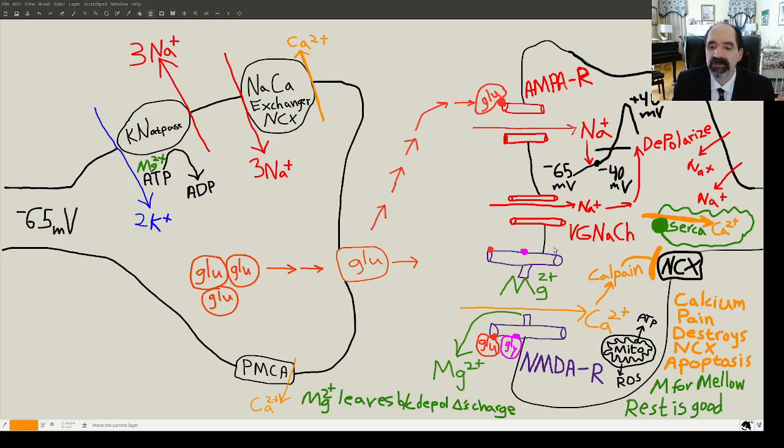If the calcium is very excessive, one theory is that it can activate something called calpain, which is kind of an amusing name because cal as in calcium, pain as in something painful, bad. It can destroy the knockout exchanger. There are actually multiple other mechanisms whereby this postsynaptic neuron is damaged by the excess of cytoplasm calcium. When you hear intracellular calcium, what's usually being referred to is cytoplasm calcium.